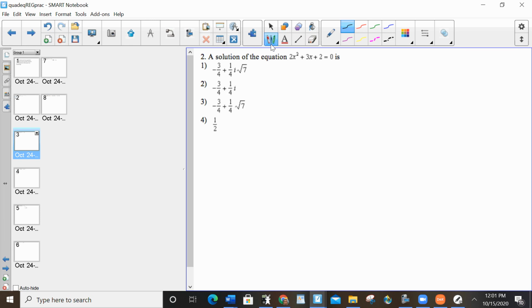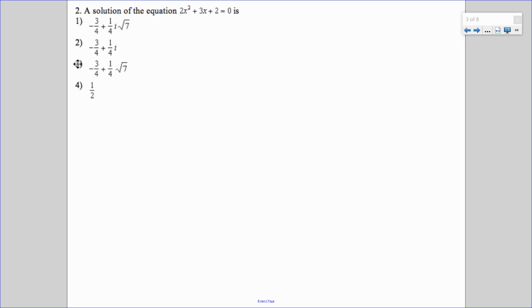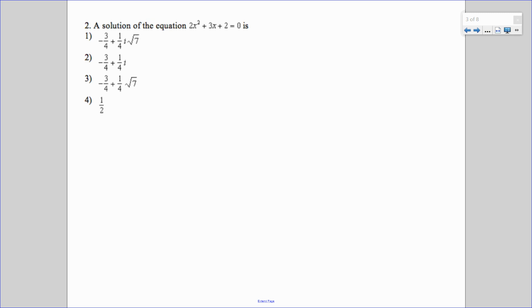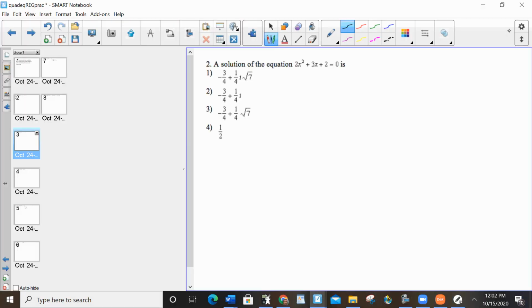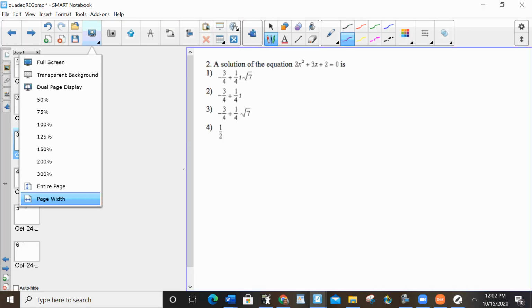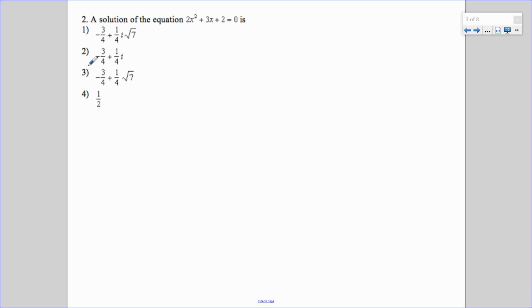Since there's an a value that's other than 1 and b is odd, it would be very difficult to do this using completing the square. Because of that, I'm going to use the quadratic formula. If a was 1 and b is even, then I'm comfortable using completing the square. Again, if you're not sure what to use, if I were you, I would just always use the quadratic formula.